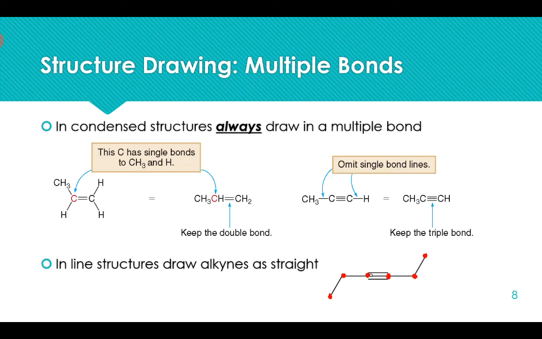So you just have to make sure that you are counting those two carbons in the line structure. A line structure for this alkene would simply look like that because there's 1, 2, 3 carbons total. So you have 1, 2, 3, and that's a methyl group, and then that's the double bond in between. And we don't draw hydrogens.